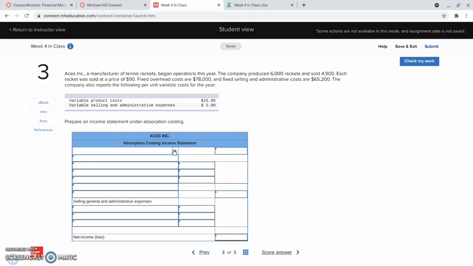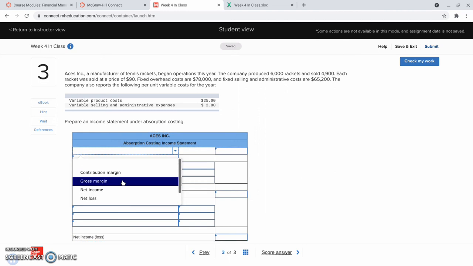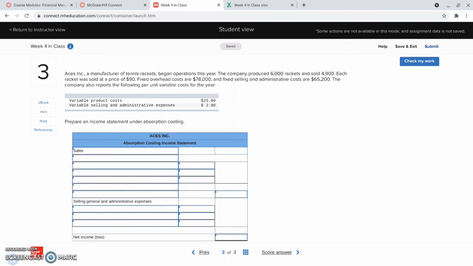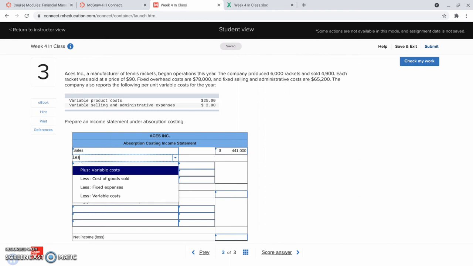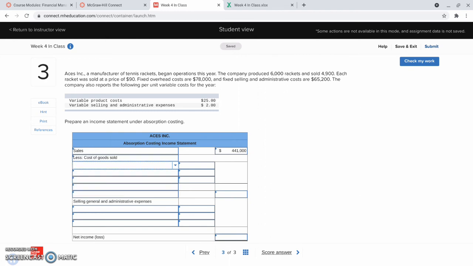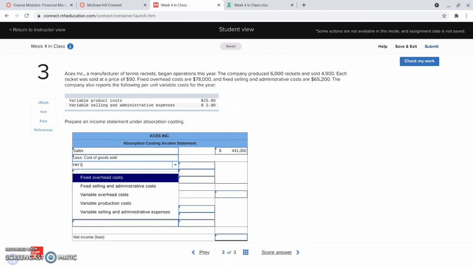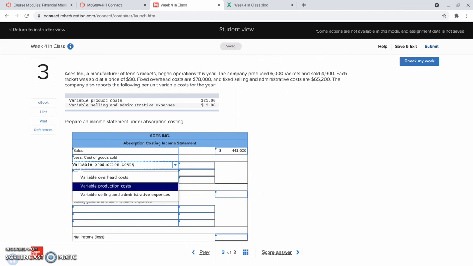So, our sales, that doesn't change. It's still 441. Next up is our less cost of goods sold. And the first one under that is variable production costs.